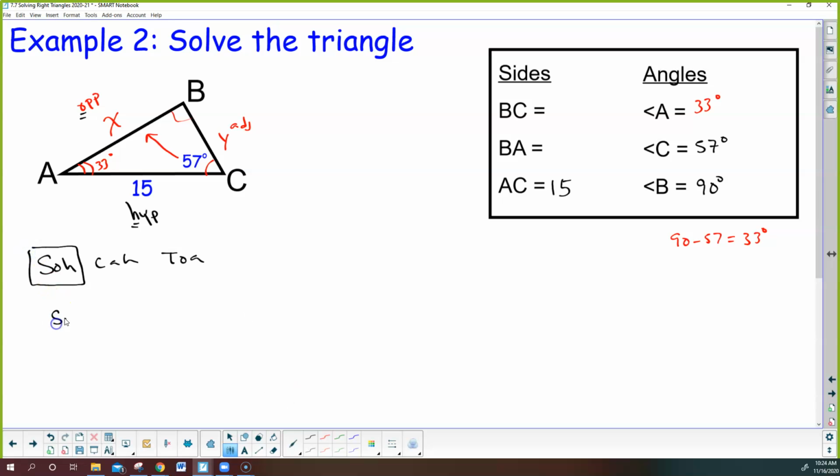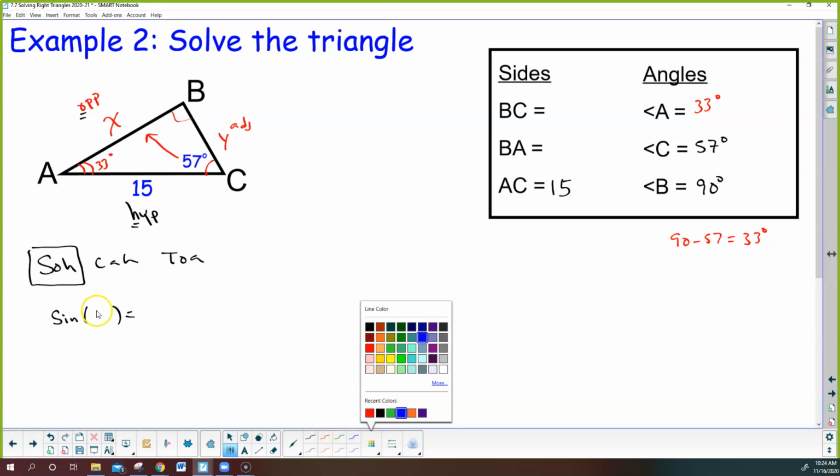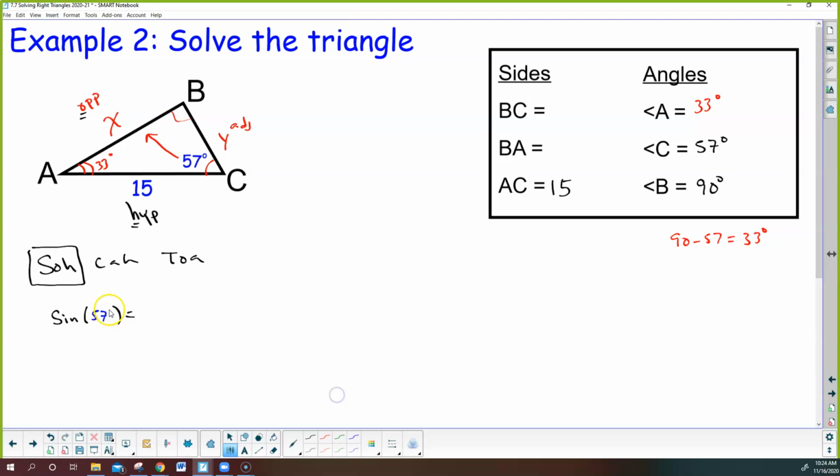So we're going to set up the sine of the angle measure, and this time we know the angle measure is 57 degrees. And then sine is equal to the opposite on top over the hypotenuse on bottom. And now we can make that a ratio equals a ratio, so we can cross multiply and solve very quickly.